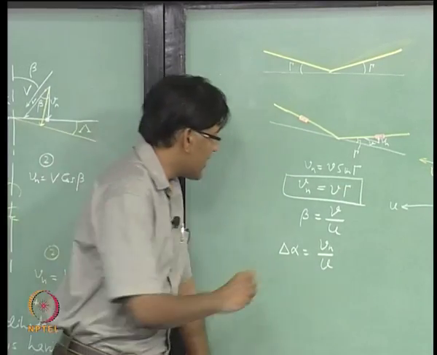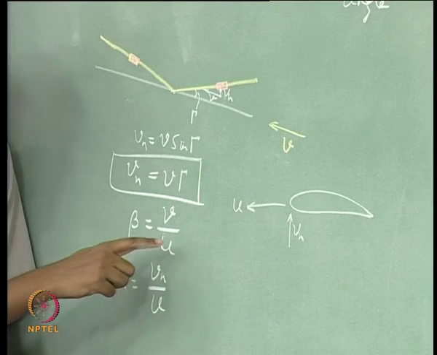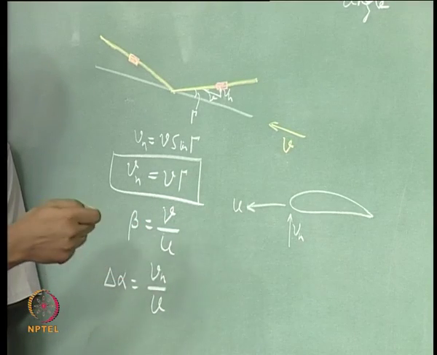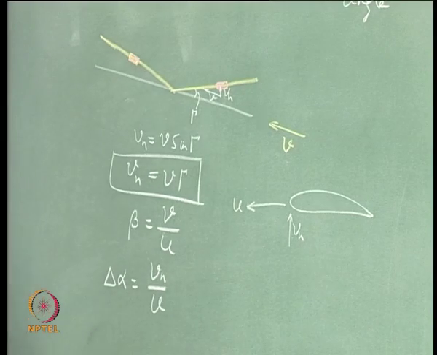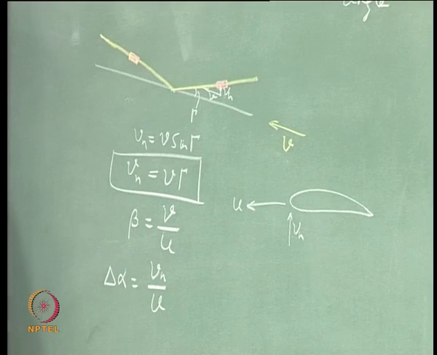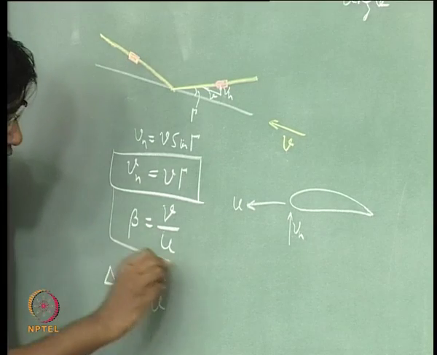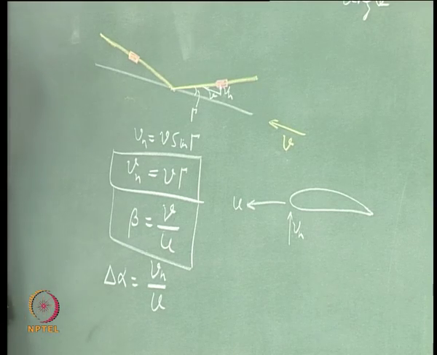Beta is defined as the ratio of the side velocity and the forward velocity, and here also I have assumed beta to be small. So, this is also clear, I believe.